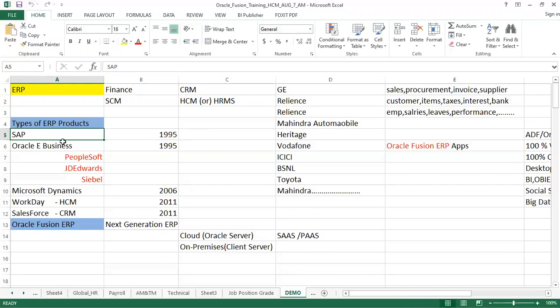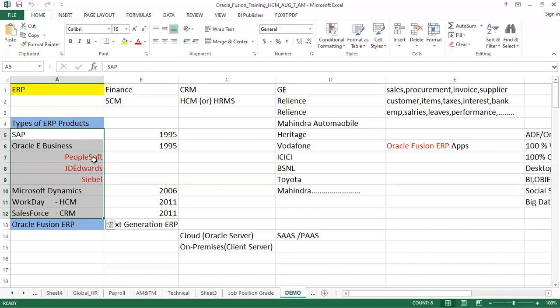It's developed by SAP Labs company. Oracle e-business, means Oracle applications, is one of the ERP. PeopleSoft, JD Edwards, Siebel, Microsoft Dynamics, Workday, Salesforce. Like this, there are a number of ERP softwares available in the market.